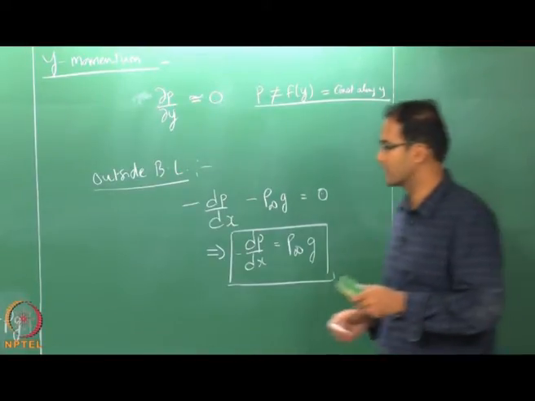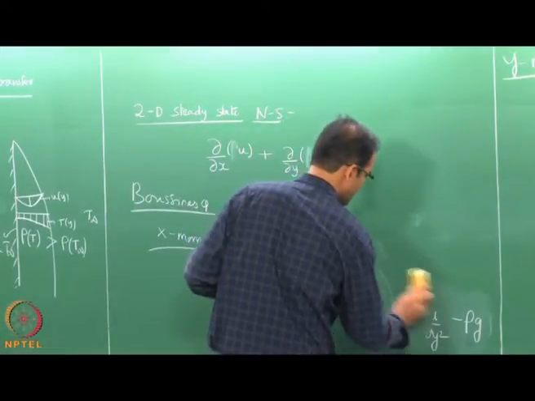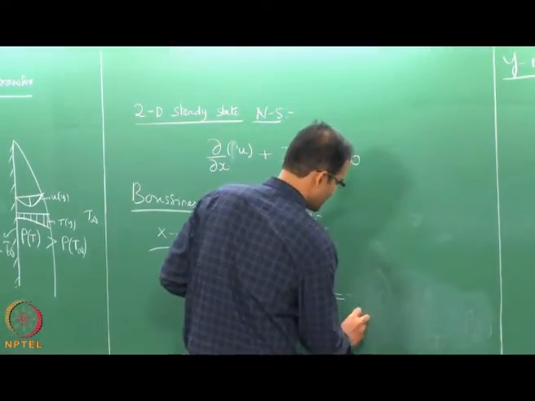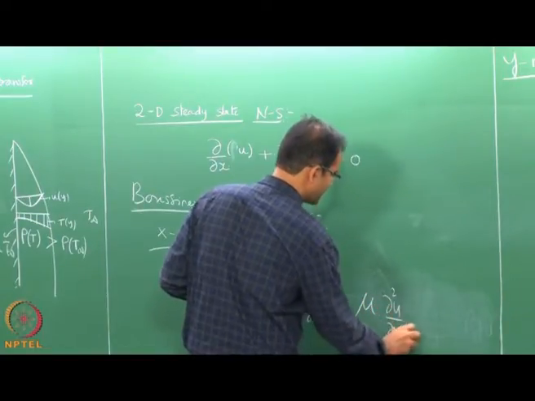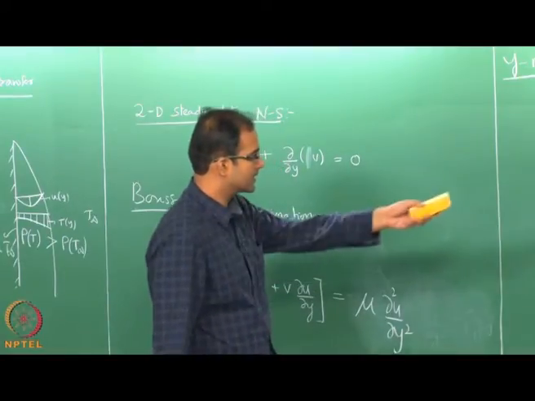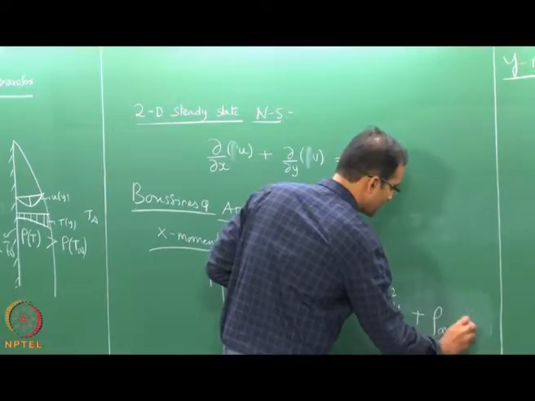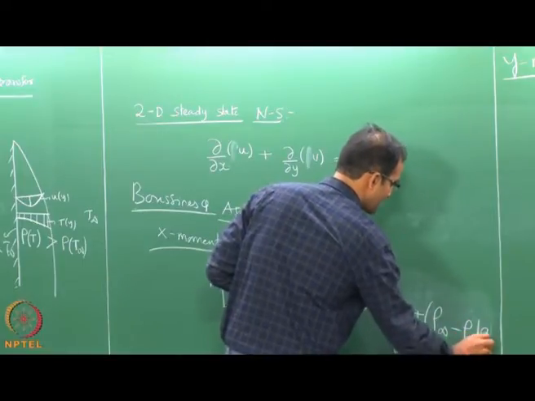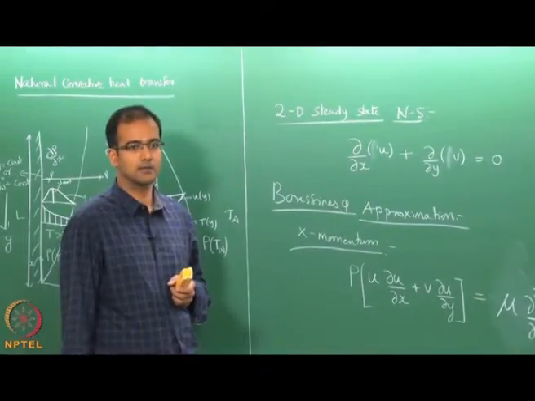So, if you directly substitute it, now you are eliminating dP by dx from the momentum equation. Therefore, if you substitute for dP by dx, you have mu d square u by dy square here. So, minus dP by dx is rho infinity, therefore, you have rho infinity minus rho times g. So, this will be the body force.